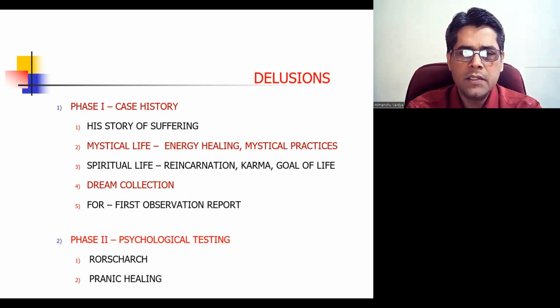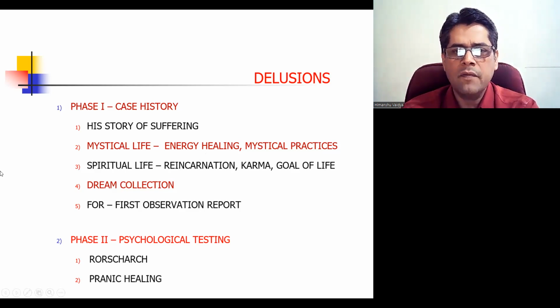We'll also take the history in terms of the spiritual life of the monk, his belief in reincarnation, his karma, his goal of life. What are his own reflections on these areas? Does he believe that the difficulty he has has something to do with a past reincarnation? What is the story of it if he believes in that? Does he believe it is out of karma? Does he believe the suffering is because his soul wanted to experience this suffering?